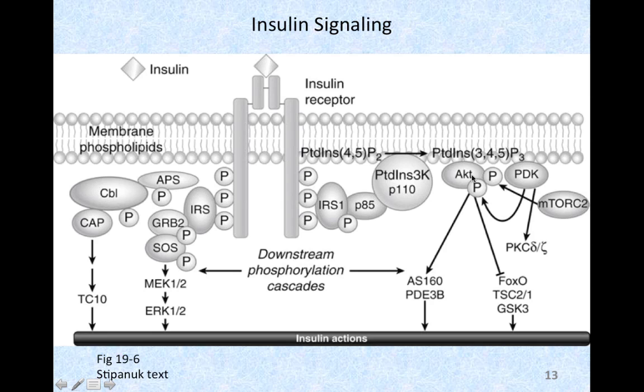The AKT actually leaves the plasma membrane, goes in the cytosol, and it does things like inhibits FOXO. One of the things that FOXO can do, it's a transcription factor that can stimulate proteolysis.